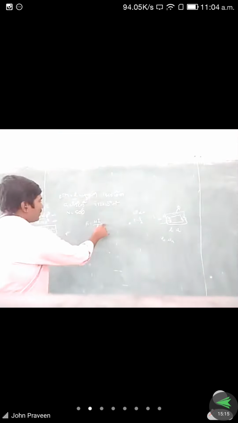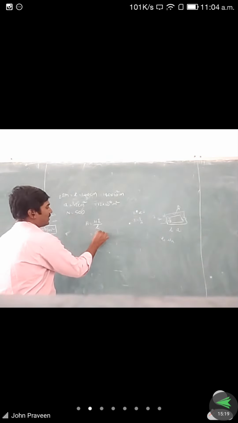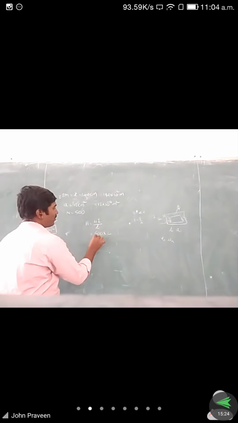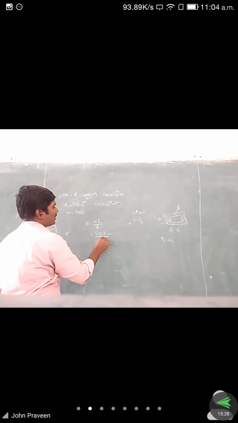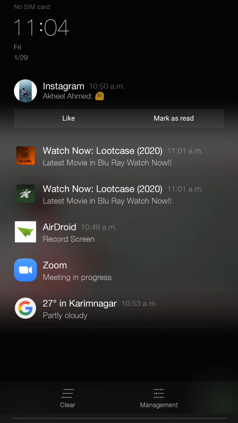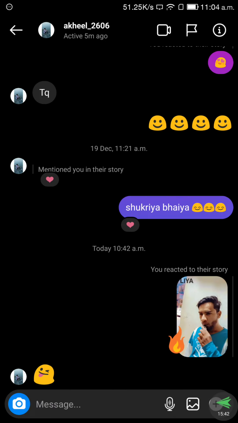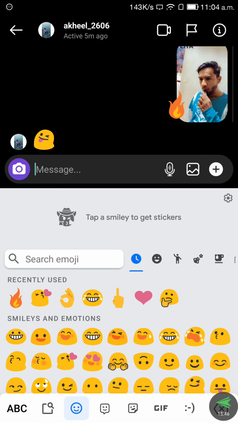The N value is given in the problem, 500, into the I value, given as 2 amperes. Next the L value is directly given, 140 into 10 to the power of minus 2. If we simplify, finally we are getting the value as 714.28 ampere turns per meter. So here we are getting the H value.